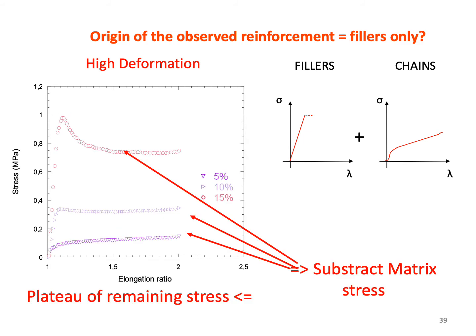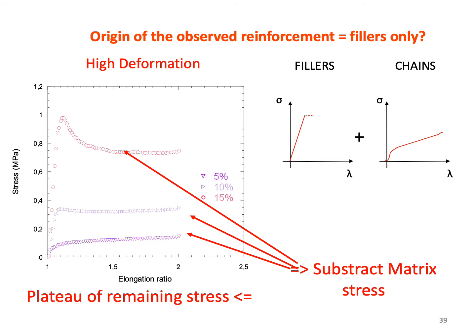To better understand the origin of the reinforcement, which is obviously due to the fillers only, we had the idea to subtract the chain contribution at 0% silica fraction from all the different curves. This is very easily seen on the left-hand side figure.